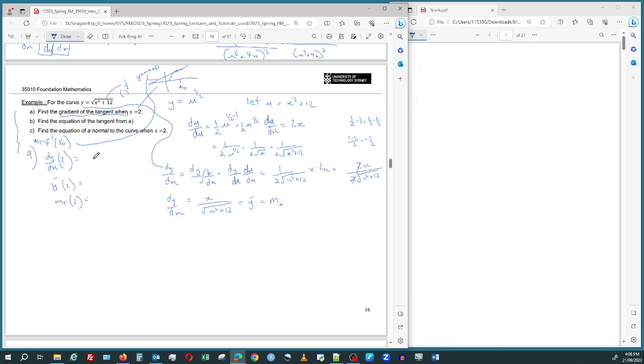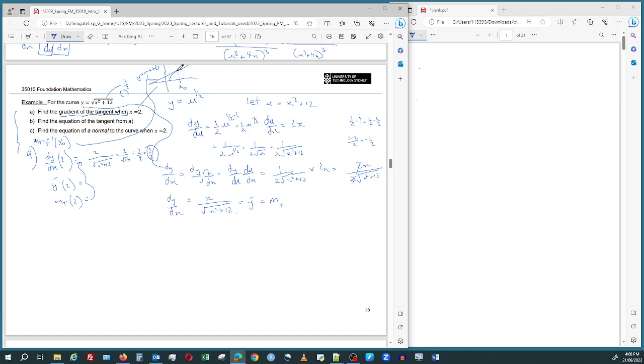So 2, so we're going to have 2 over the square root of 2 squared plus 12. 2 squared is 4. 4 plus 12 is 16. It's 2 over 4, which is a half. So it's a very lazy old gradient, half.